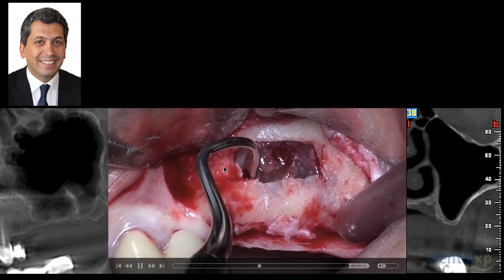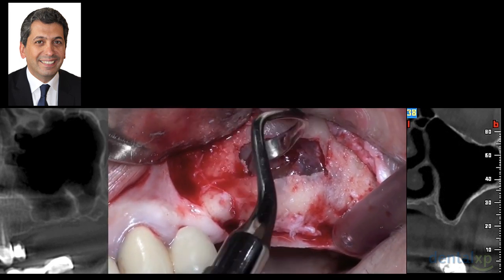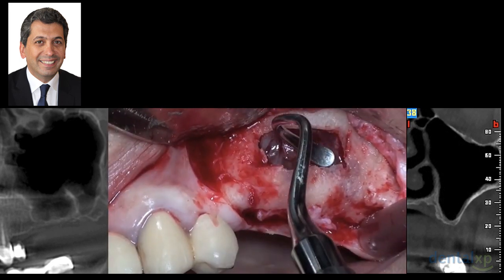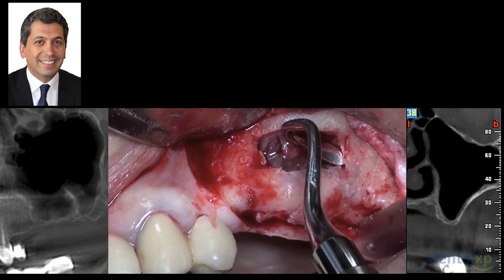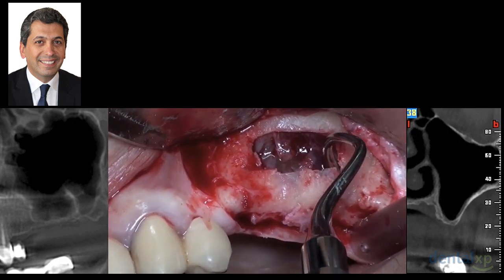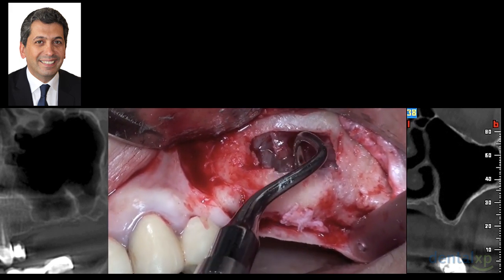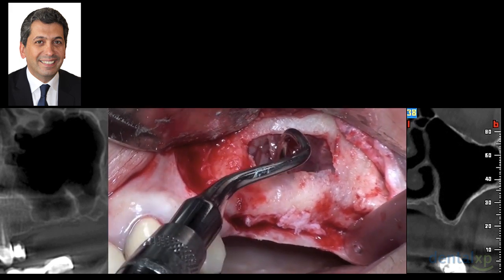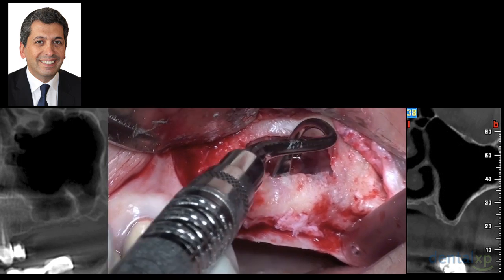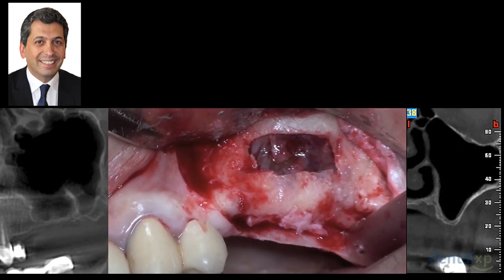I go inside until I reach the bone, and I follow my bone, doing a very smooth elevation of the membrane. Also on the distal part, I try to elevate the membrane by always following the bone. And you see that I start going to the middle part of my sinus, and I continue detaching.